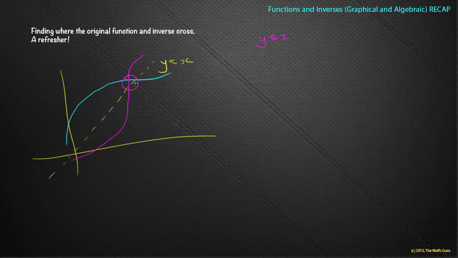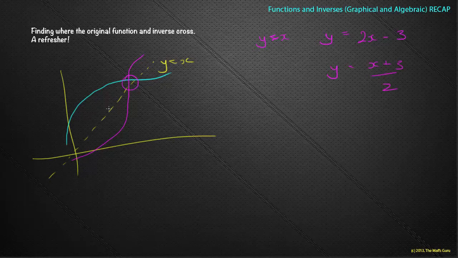All right? So at the point they cross, the y value is equal to the x value, and the x value is equal to the y value. Well, hold on a moment. I've got two equations already that start y equals. I've got y equals 2x minus 3, and I've got y equals (x plus 3) over 2.